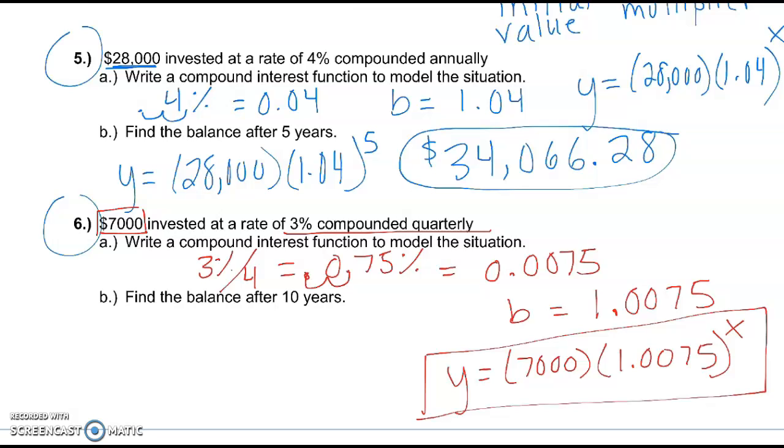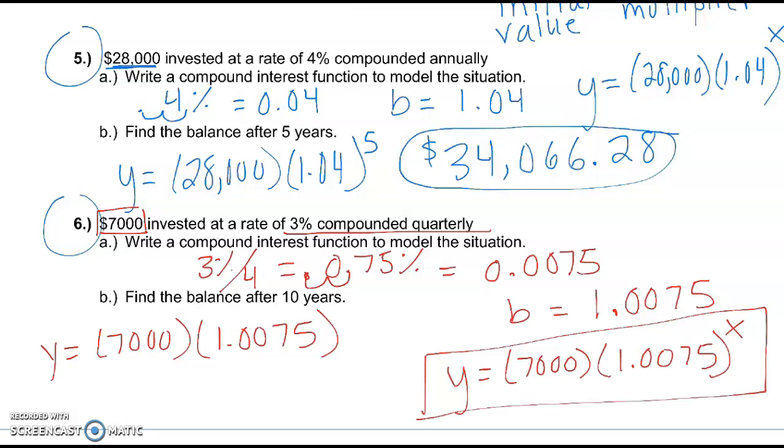Now, if we're going to find the balance after 10 years, we need to substitute something in for x, but we need to be careful here. So I'm just going to rewrite my equation. Okay, now let's think about this. If I wanted to know how much money I would have after 1 year, I would have to put in a 4 for x, right?